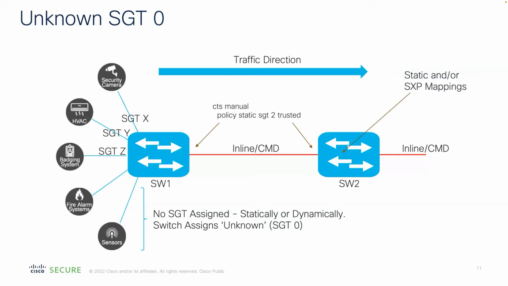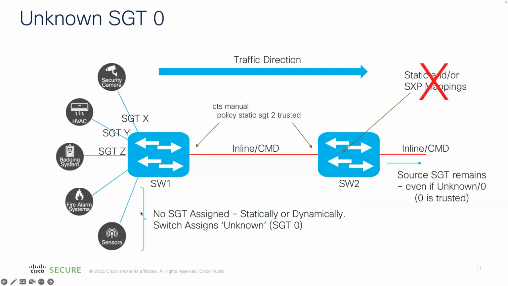So we want to try and reclassify this traffic so that it isn't unknown anymore. Well, that does not work because 0 is trusted coming into switch 2. So we got inline tagging from these unknown devices. It's got SGT0 flowing across inline, hits switch 2, and because we've configured trusted here, 0 is actually trusted, and so it does inline tag 0 forward.